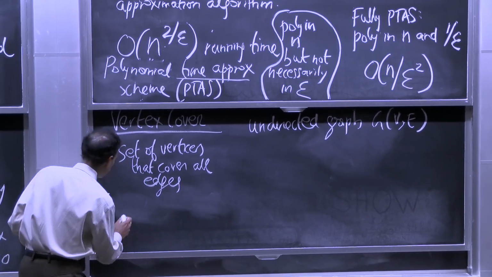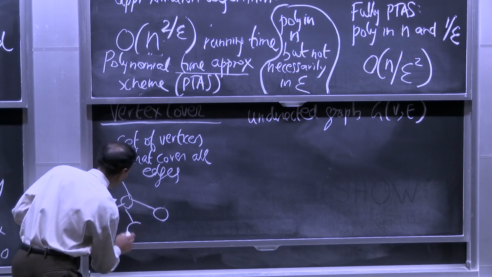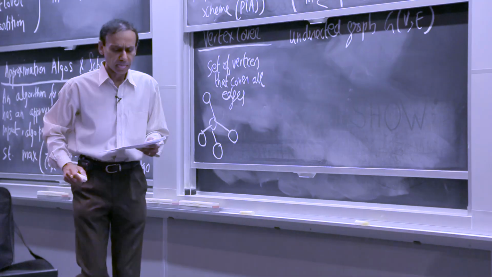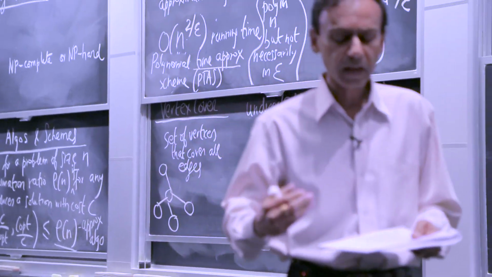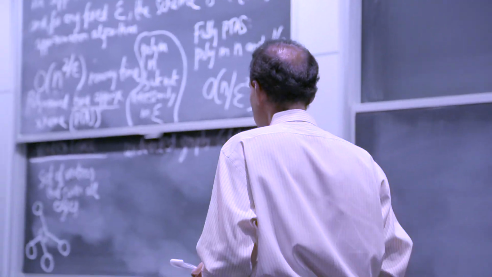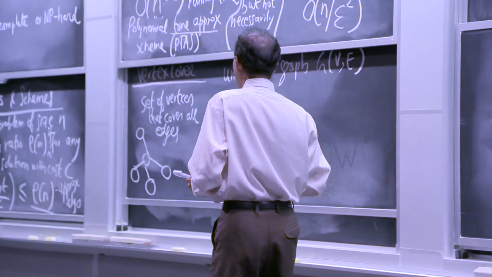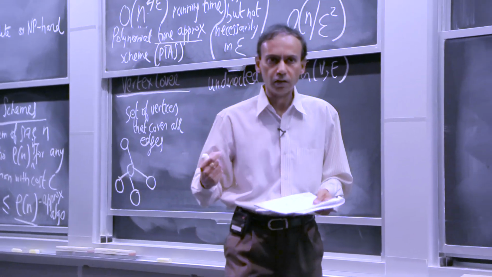It's the obvious thing. If I have something like this, as long as I have a vertex in my set of vertices that I'm calling a cover that touches one endpoint of an edge, we're going to call that edge covered.